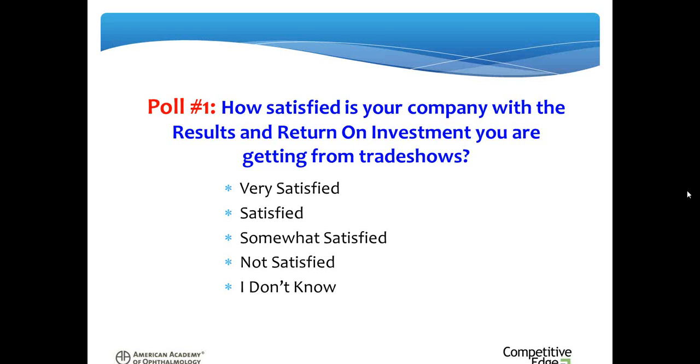You're in that somewhat range, or you're not. You're saying we've got to get more, and honestly, for some of us, I don't really know where we're at with the results and the ROI situation. So go ahead, take a moment, press the radio button that applies to how you feel, and I'll share the results in just a moment with everybody so you can see where we are across the board.